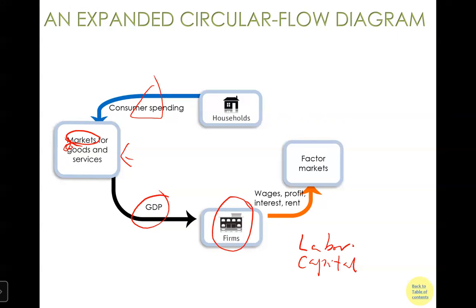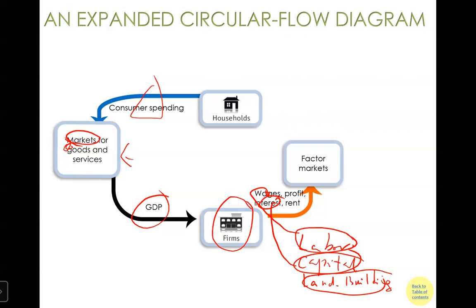They may need land, buildings, right? So usually that's what we need to do a business. Okay, but if you use those resources, you must pay for the use of those resources, right? For labor, you need to pay wages. For capital, you need to pay interest. For land and buildings, you need to pay rent.